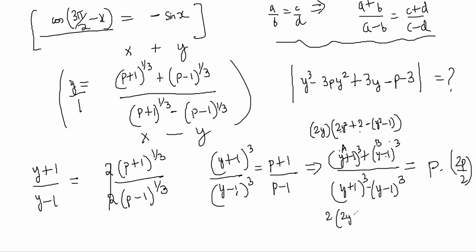So this is 2y square plus 2 plus y square minus 1. So on top is 2y into (y square plus 1), and denominator is 2 into (3y square plus 1). So 2 cancels. It is equal to p.